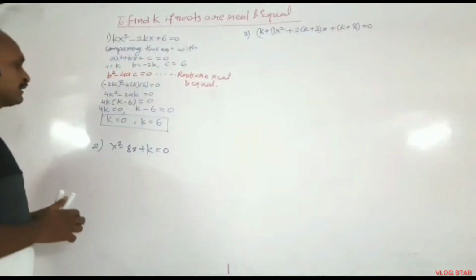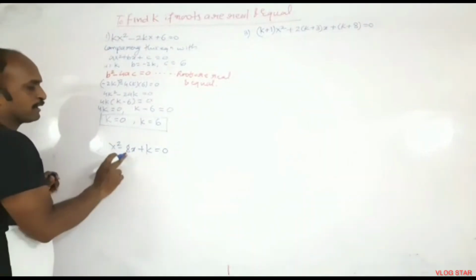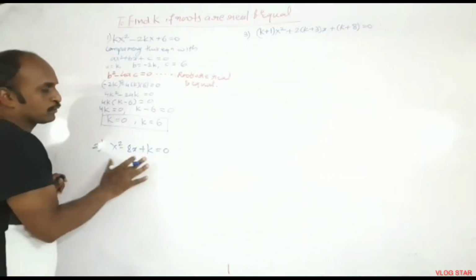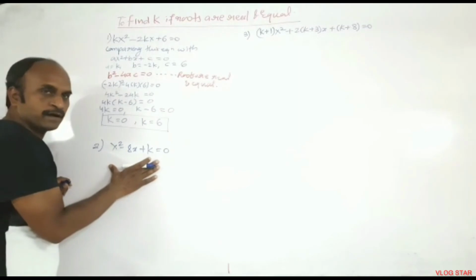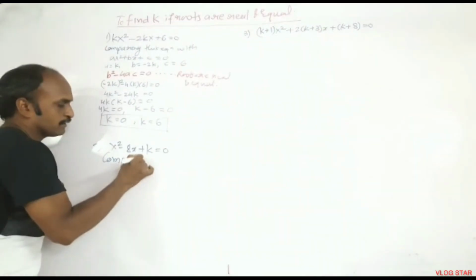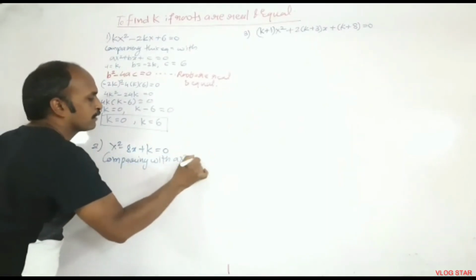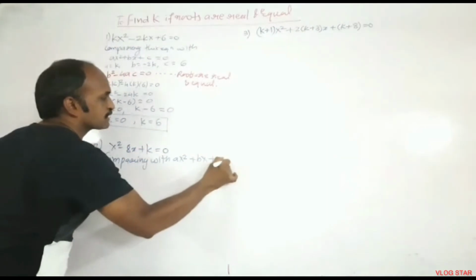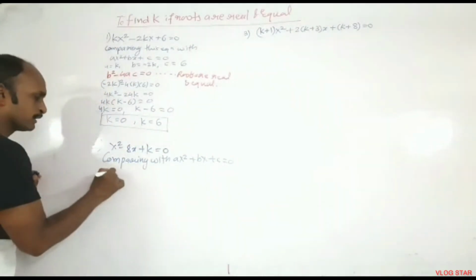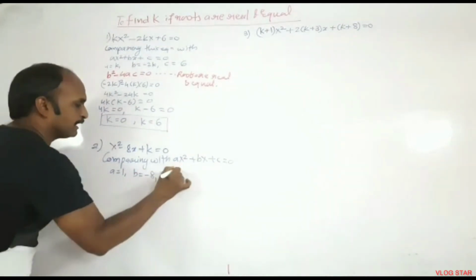Another equation, also a question in the same line, is x square minus 8x plus k, where roots are real and equal, and you have to find out the value of k. So we have to compare this with ax square plus bx plus c is equal to 0. You will get a is equal to 1, b is equal to minus 8, and c is equal to k.